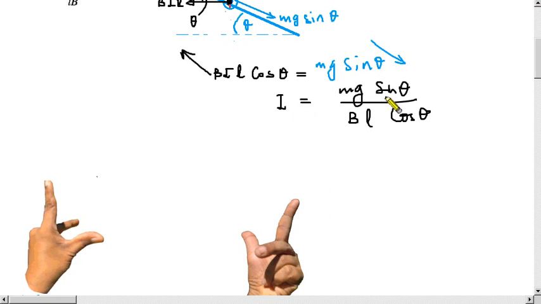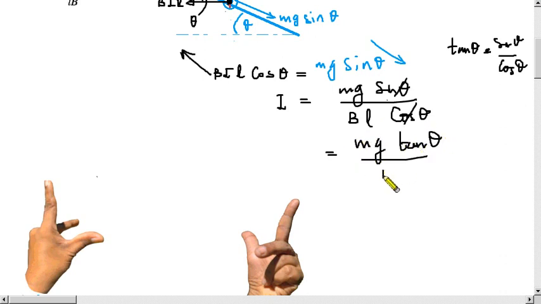So I equals mg sin theta divided by BL cos theta. What is sin theta divided by cos theta? You know that is tan theta. Tan theta equals sin theta divided by cos theta. You must know that. Then I equals mg tan theta divided by BL. That is the current.